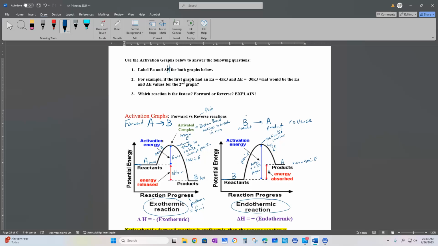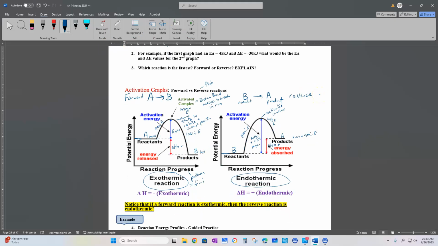So this delta H will be positive, okay? So what happens is, in one case, the forward reaction is exo, but in the reverse, it's endo, or vice versa. When you flip equations, EA, we'll call it EA1 versus EA2, okay? They're going to be new values. Just one will be bigger than the other, okay?